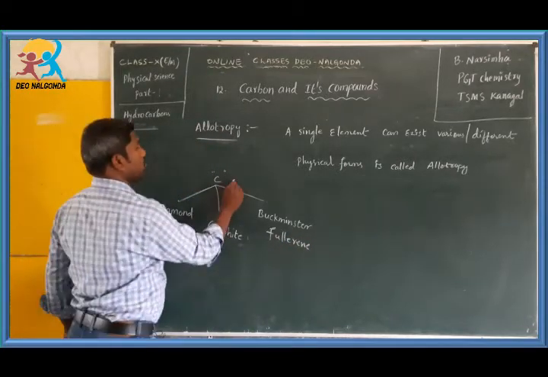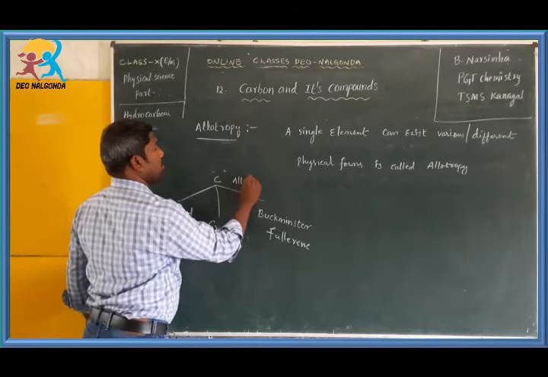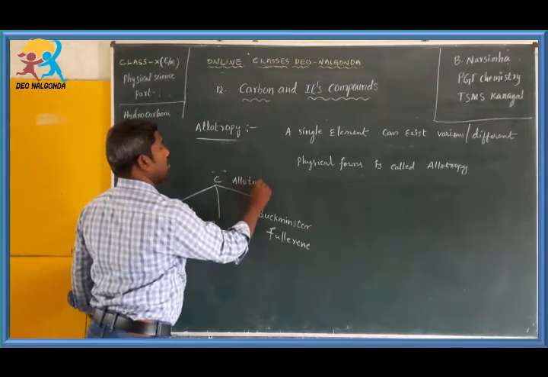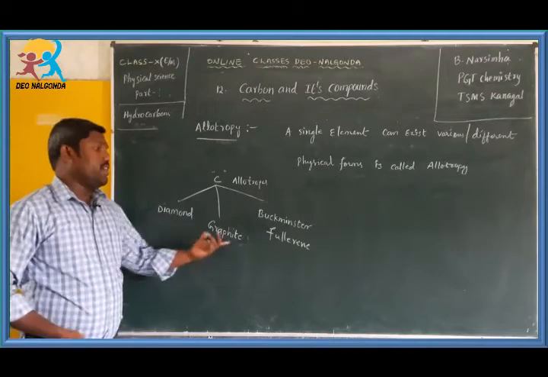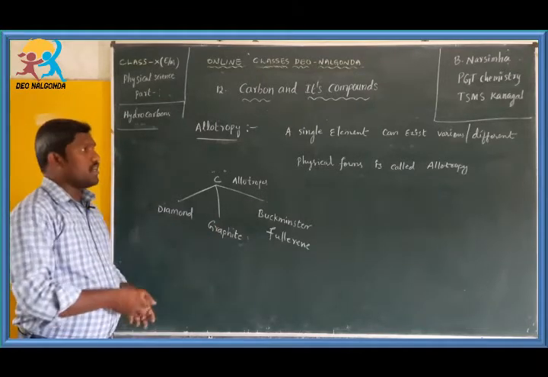These are the carbon allotropes: diamond, graphite, fullerene.